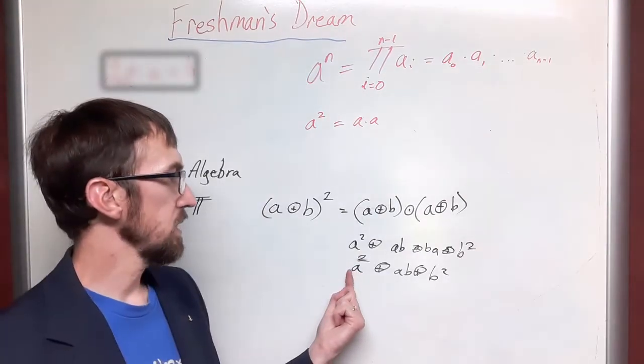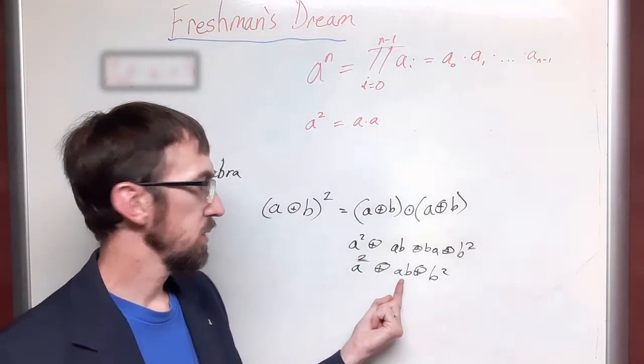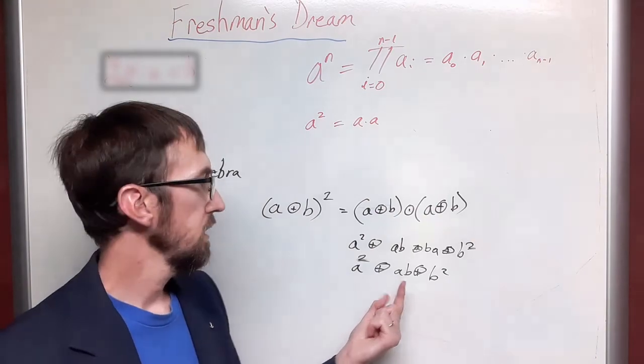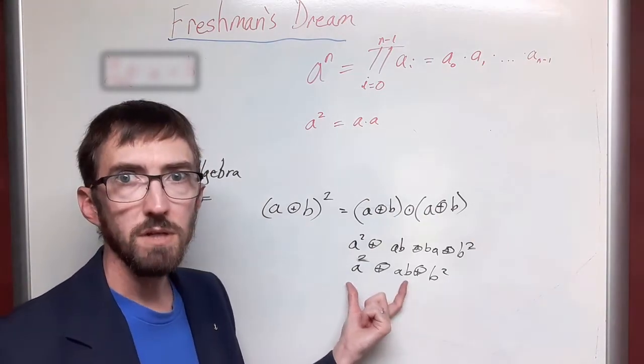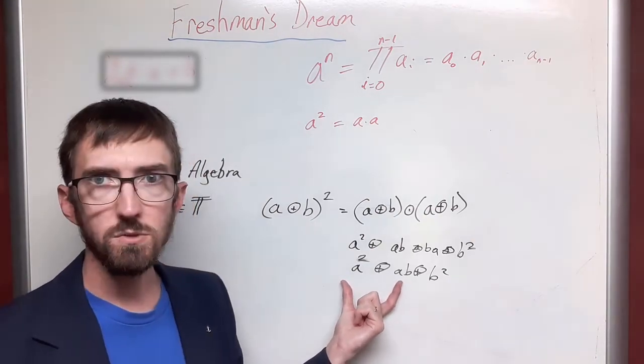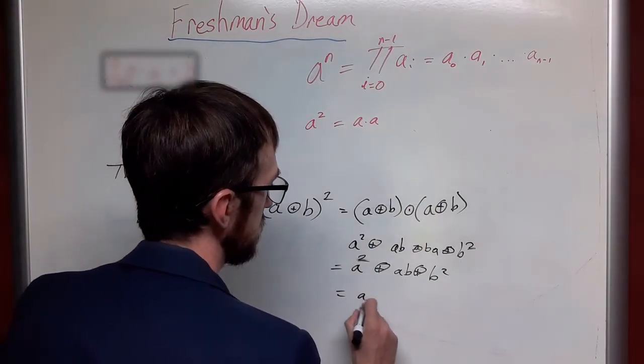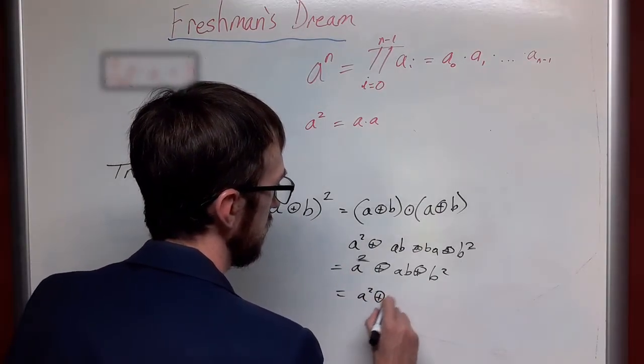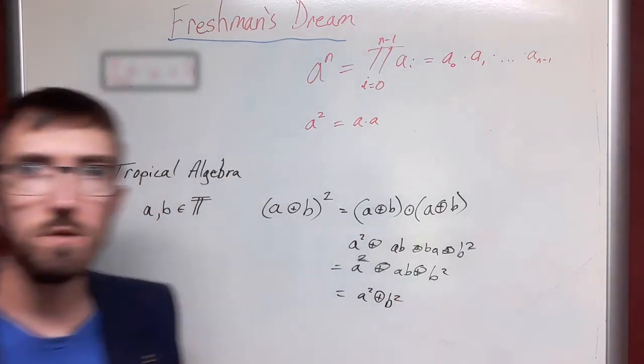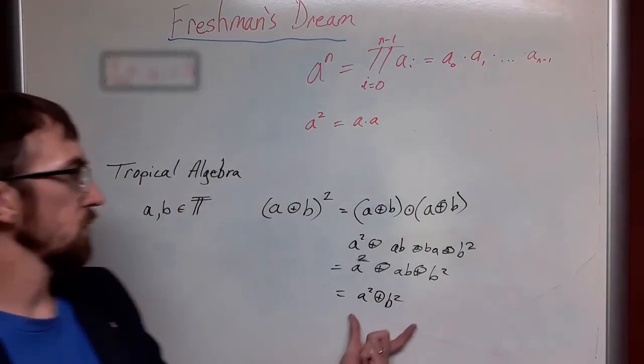If we look at a squared plus ab, in tropical algebra, you get the minimum value back when you add two terms, so you get the a squared back. So this is equivalent to a squared plus b squared, which is the expectation we were looking for.